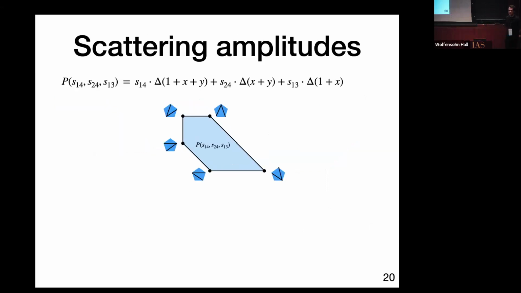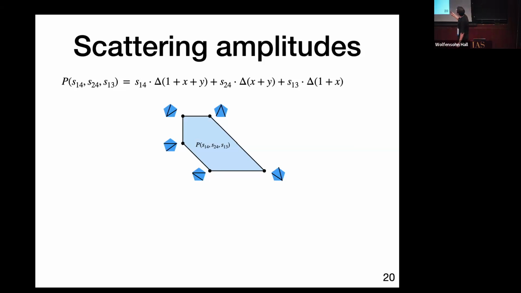Okay, so how is this related to scattering amplitudes? I'm going to try to explain this in 2 slides. I'm going to think of this blue pentagon from the previous slide as a Minkowski sum of 3 simpler polygons. This denotes the Newton polytope of 1 plus x plus y, the standard simplex.